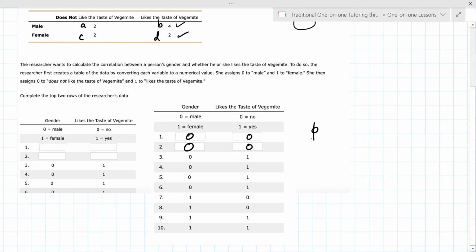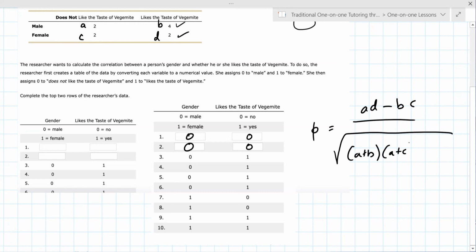Well, you don't care, but it's AD minus BC over the square root of A plus B, A plus C, C plus D, B plus D.